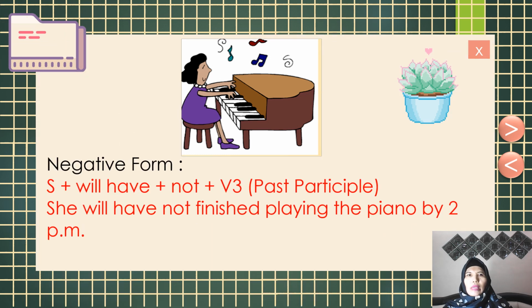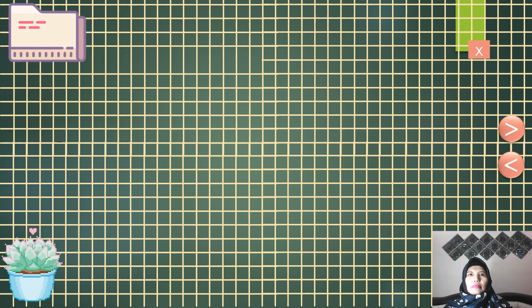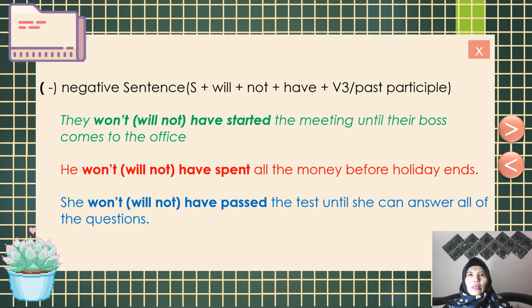Negative form: subject plus will have plus not plus verb 3 or past participle. For example, she will have not finished playing the piano by 2 p.m. The negative sentence, the structure is subject plus will plus not plus have plus verb 3 or past participle. For example, they won't have started the meeting until the boss comes to the office.